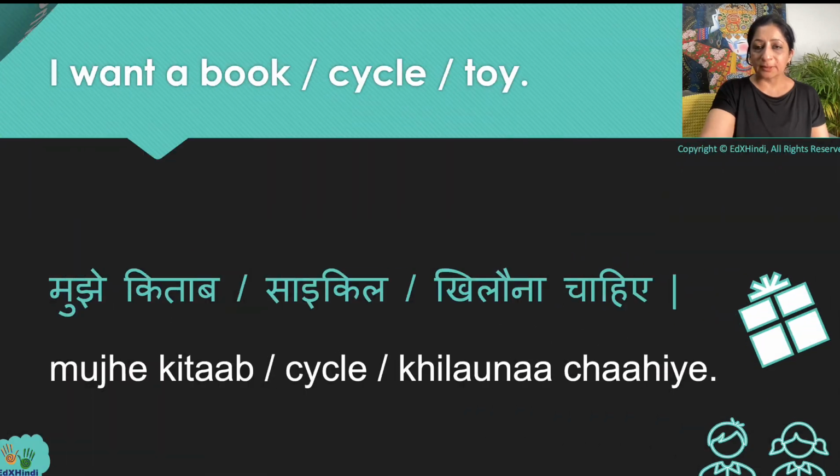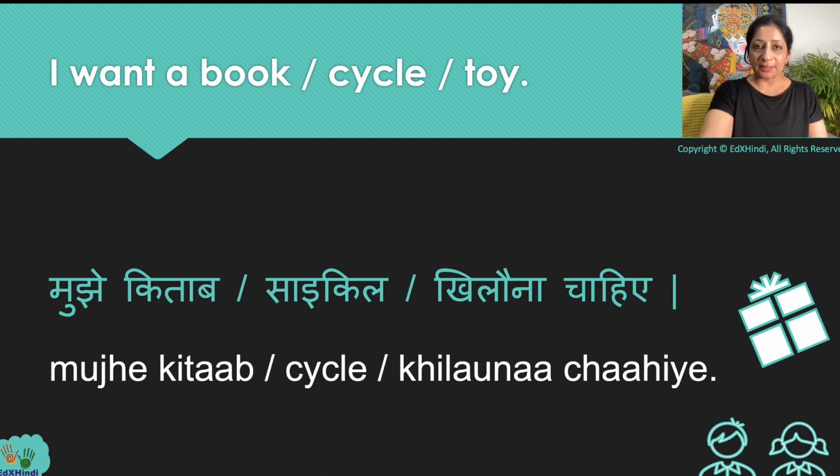Now let's look at the answers. If it's a male or a female speaker, the sentence structure in this case will not change in Hindi. If you want to say, I want a book, in Hindi you will say, मुझे एक किताब चाहिए. You can also eliminate एक in Hindi and simply say, मुझे किताब चाहिए.